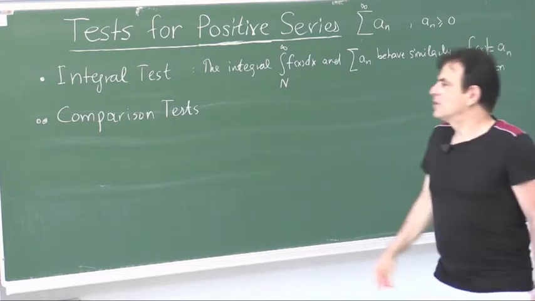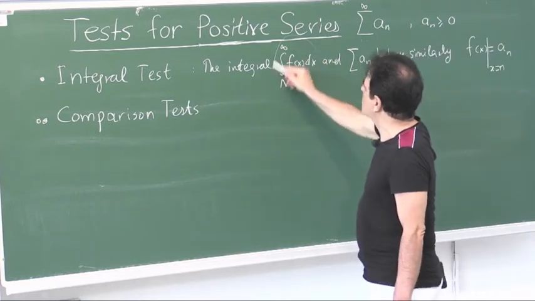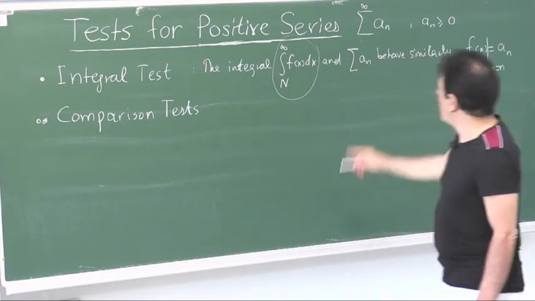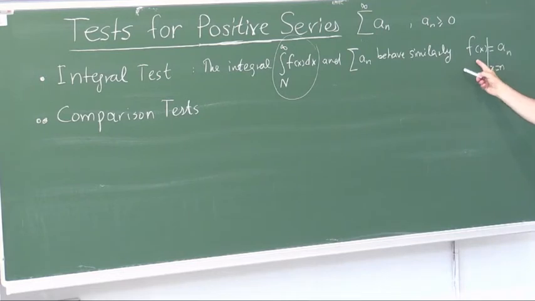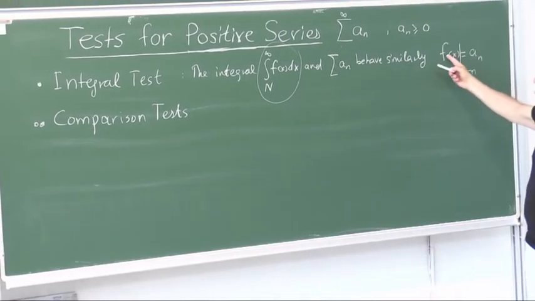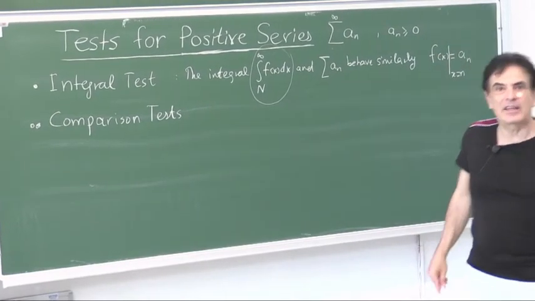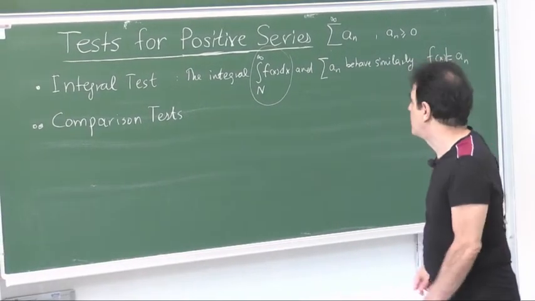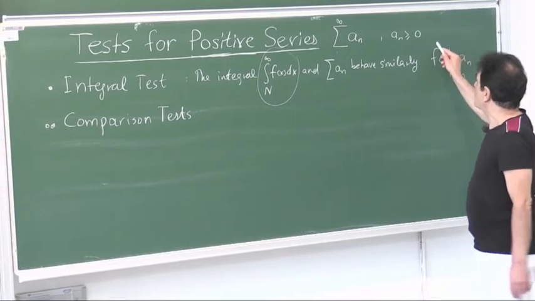In the integral test, the strategy is that we find the generating function first, f of x. What is f of x? It is a function which reduces to the terms of the series when its argument x is restricted to a positive integer. Of course, there are several conditions on f.